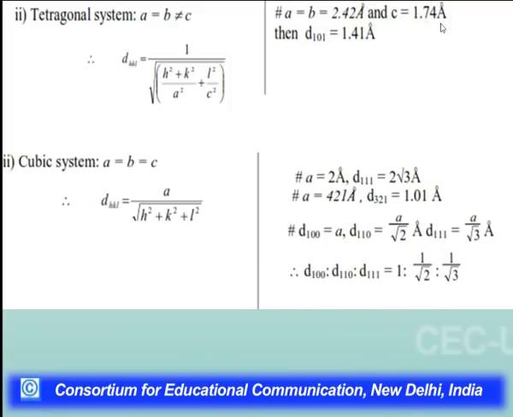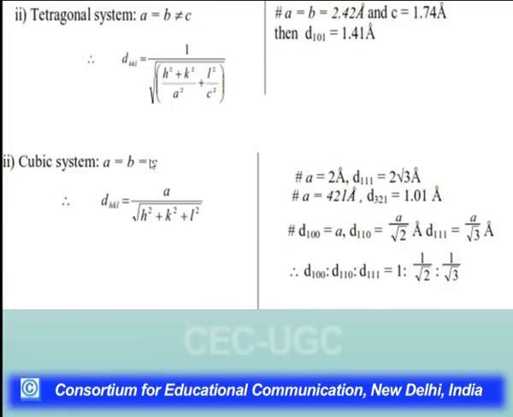For example, a and b are equal to 2.42 angstrom and c is 1.74 angstrom, and then d_101 is equal to 1.41 angstrom.